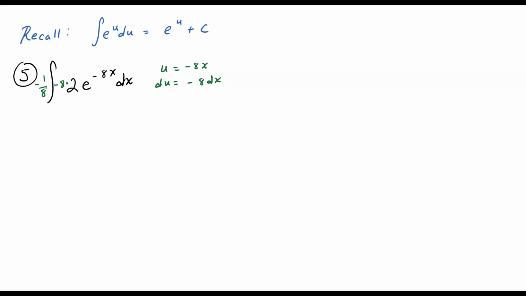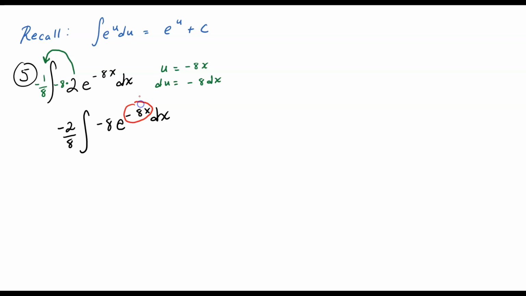Okay? And so I have this 2 that I'm going to migrate across that integral symbol. And I'm going to say, well, I have negative 2 over 8, right? The integral, I have a negative 8e to the negative 8x dx. And now let's figure out what I've got left here.